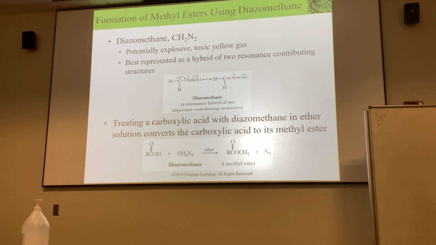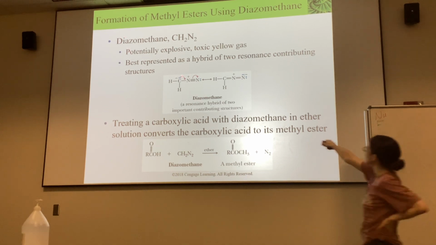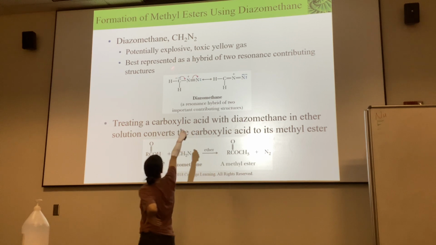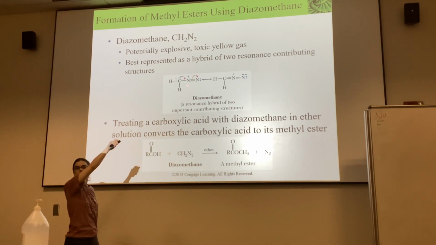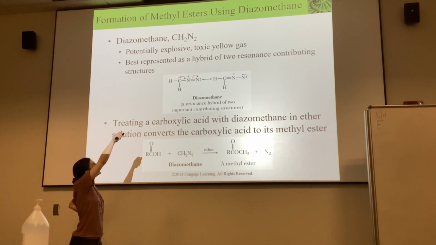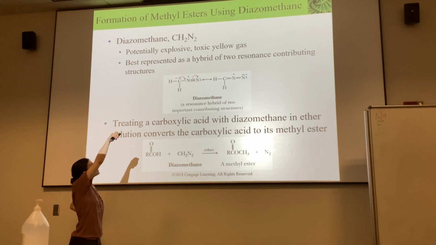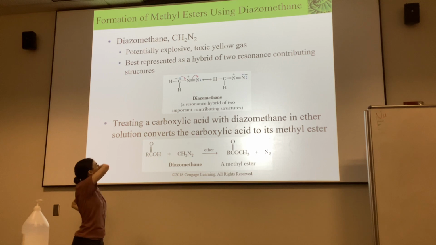So, that's what it looks like. It's got this nice little resonance structure. And this resonance structure is going to be our useful one for doing synthesis, right? Because it shows us that this carbon is our nucleophile. And it also shows us something else.